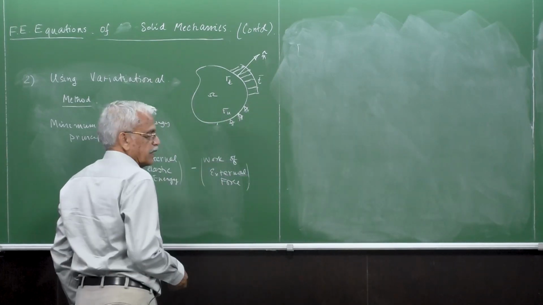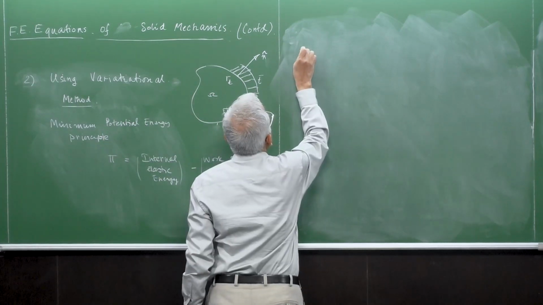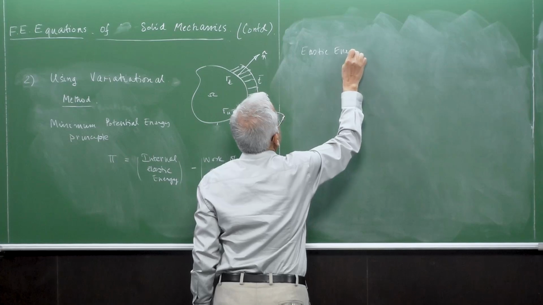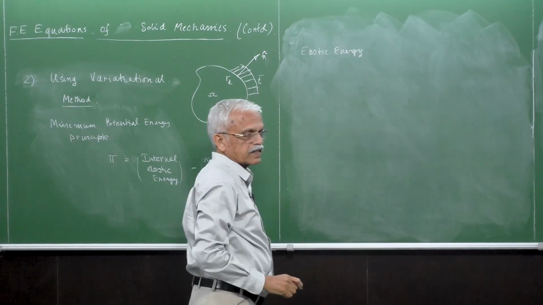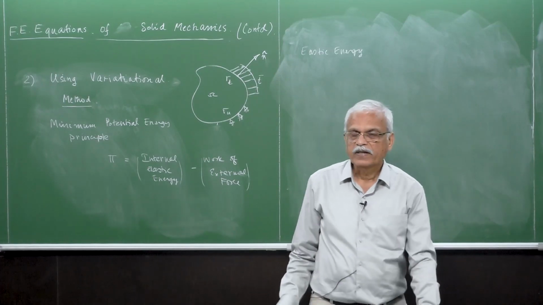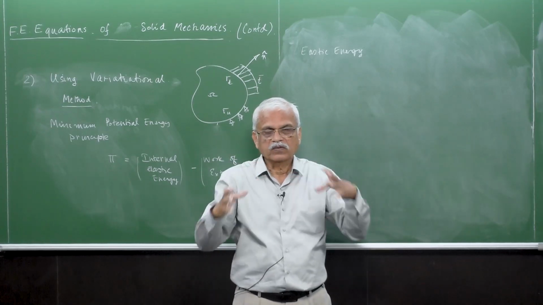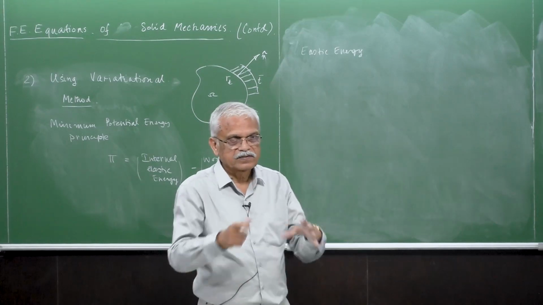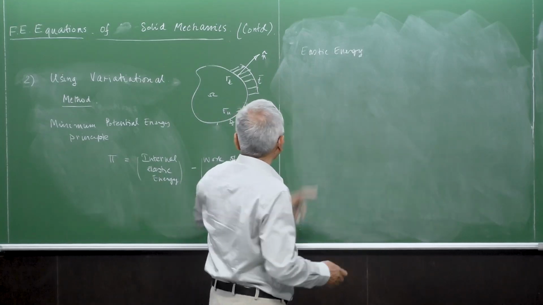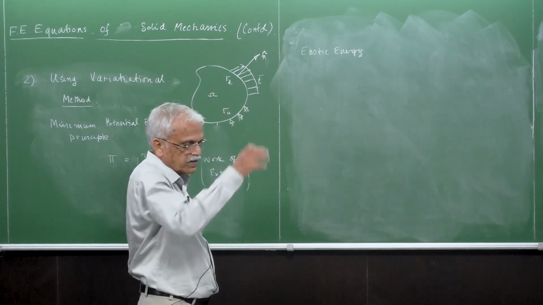So what is the internal energy here? The internal elastic energy is due to the elastic deformation. We are assuming that the body is linearly elastic, and as the body gets deformed, internal energy is generated, and that depends upon the stress and strain to which a particular volume is subjected.